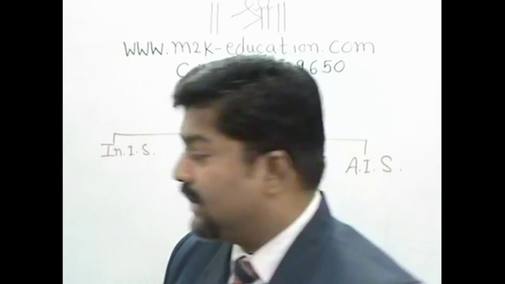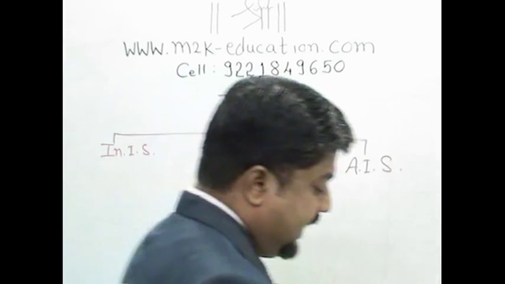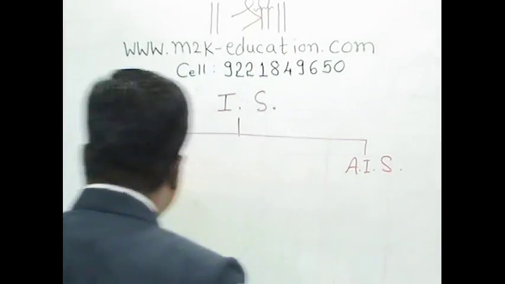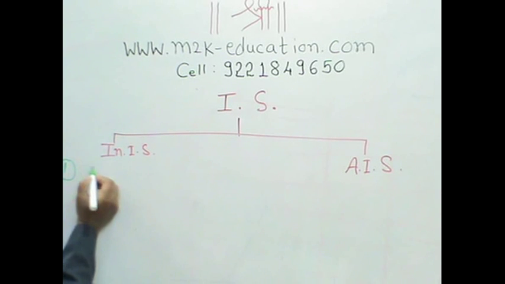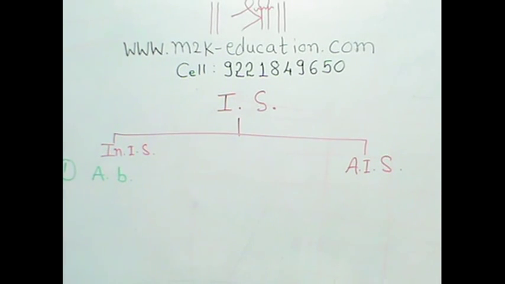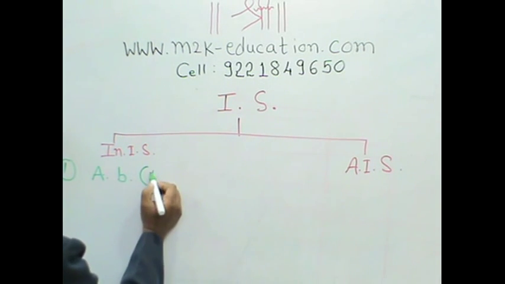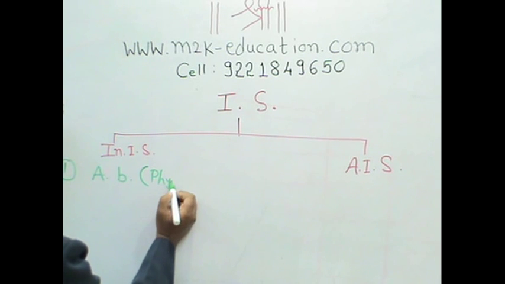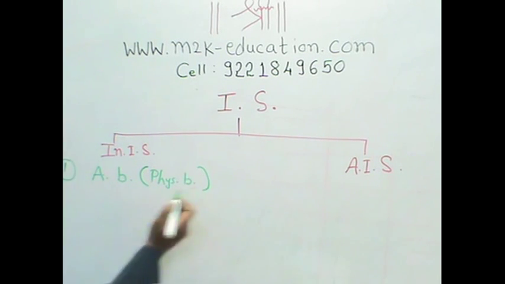First, I am classifying the anatomical barrier. Anatomical barriers are also called physical barriers. So I am writing here: physical barriers.